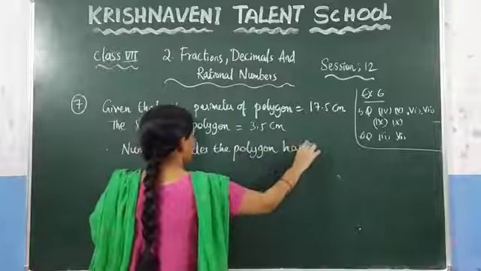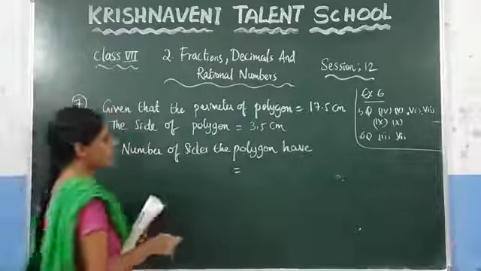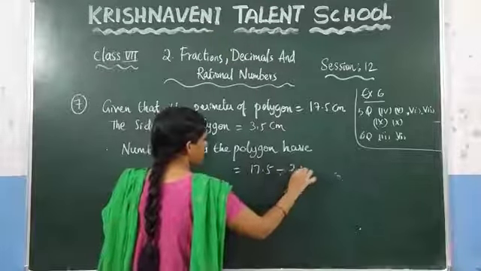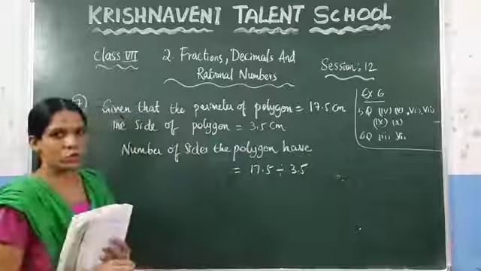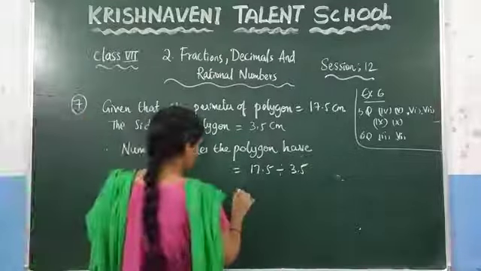So if you want to find the number of sides, you need to divide the perimeter by the side. So here it will be 17.5 divided by 3.5. Now you need to solve this one. So how do you solve it? Here we can do it by many methods.